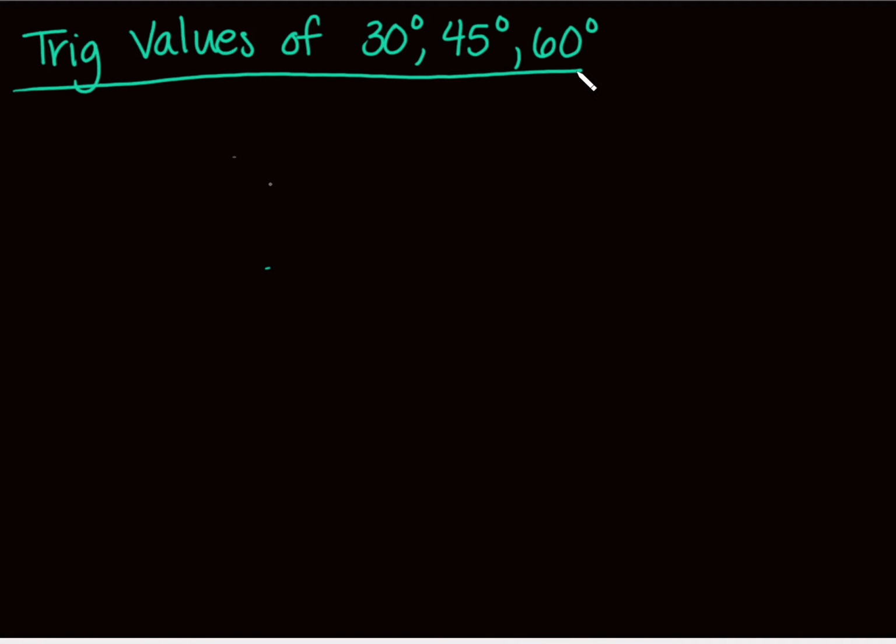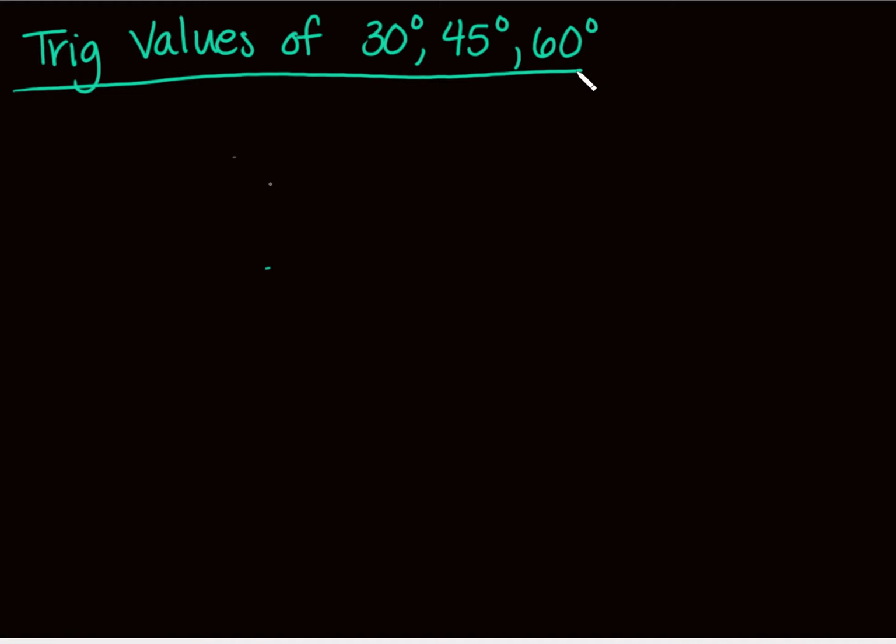But we need to know the trig values of 30, 45, and 60 because these are unique because of the Pythagorean theorem. These are rare angles where we can actually find the exact value for sine, cosine, and tangent. Usually we can't find that exact value. If I have an angle of 42 degrees, I don't have a nice way to write that exactly.